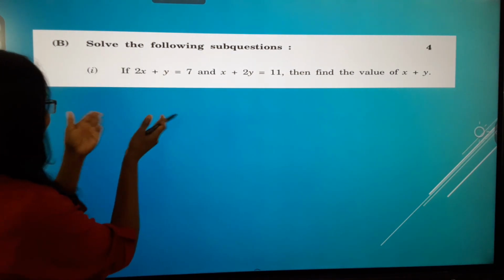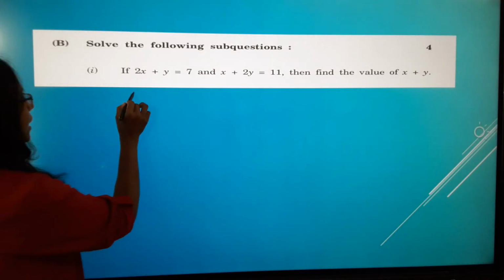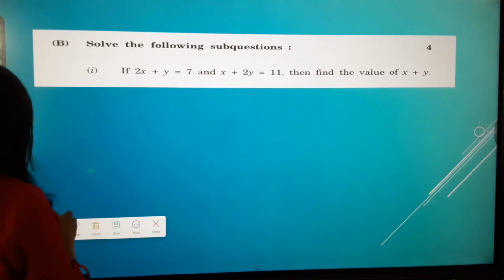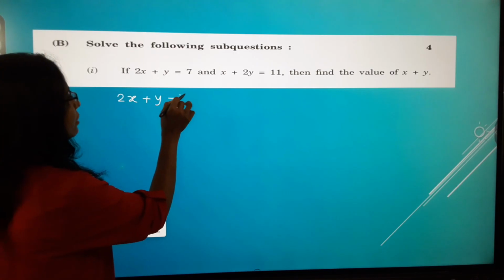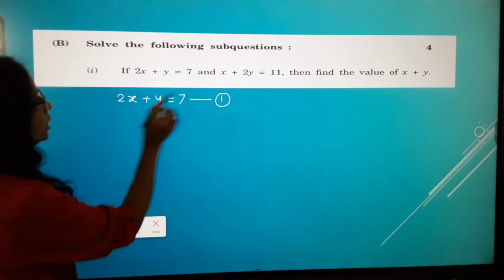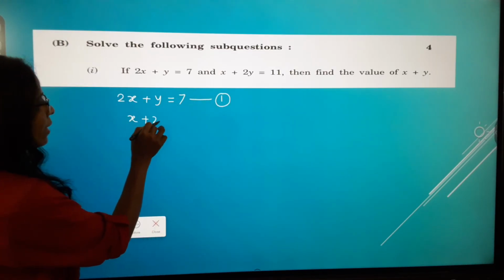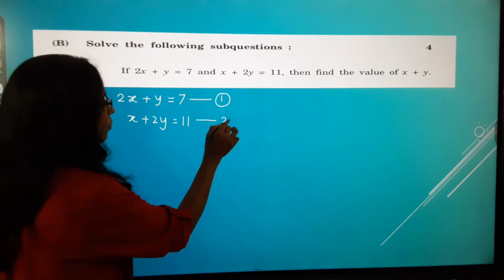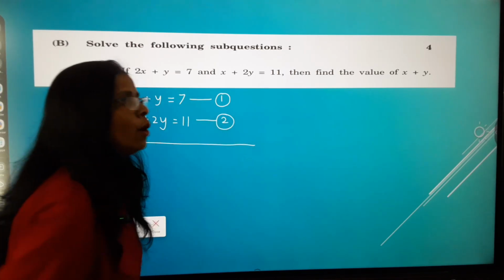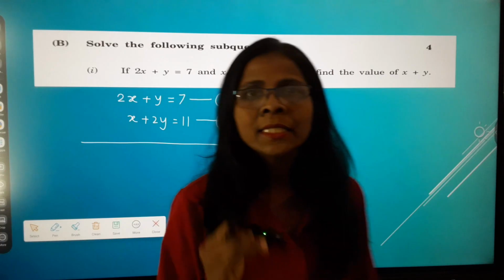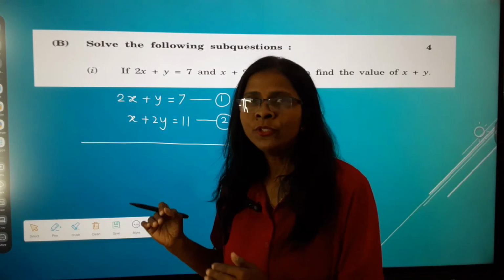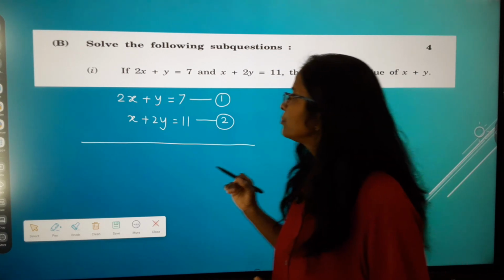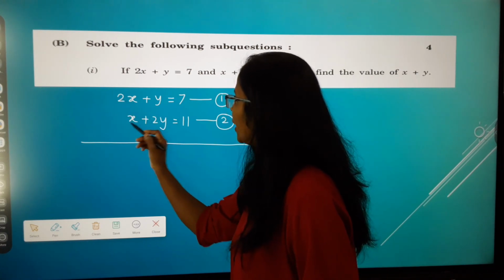So students, we arrange these equations vertically: 2x plus y is equal to 7, call it the first equation, then x plus 2y is equal to 11. Okay, so now here students, we want the value of x plus y.